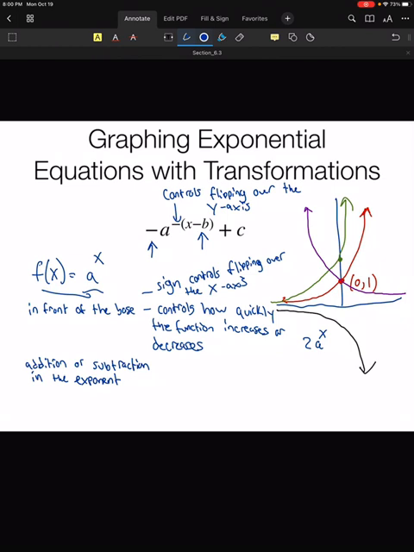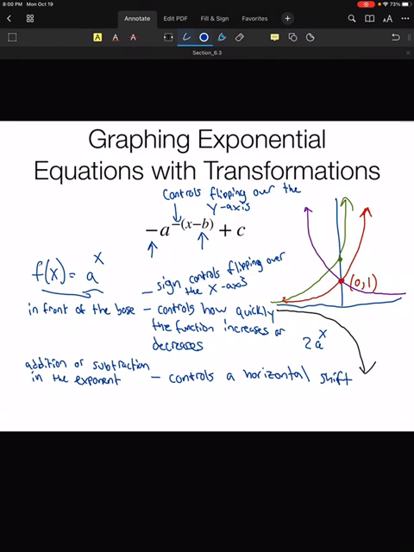The number that I add or subtract to x in the exponent controls the horizontal shifting. So it controls a horizontal shift.